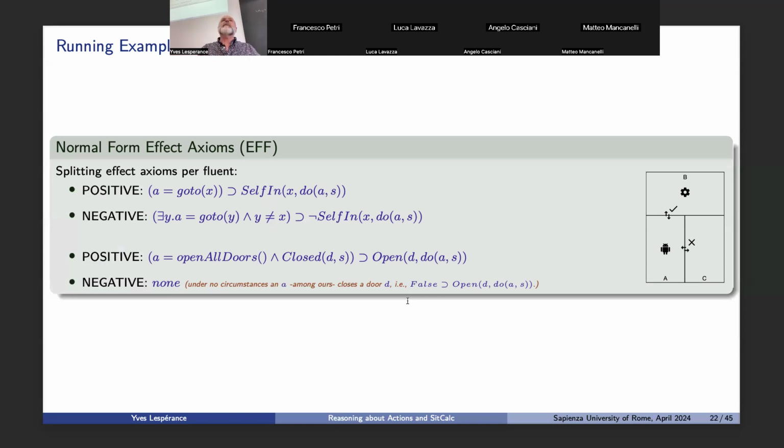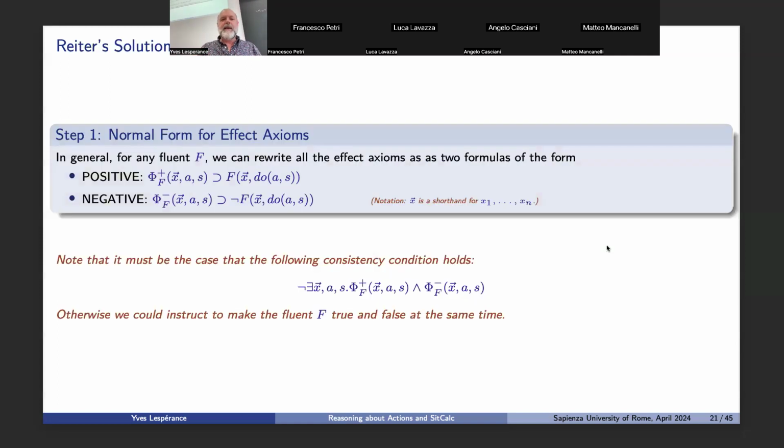Not in this domain, because we don't have an action for closing a door. So you can think of this as an axiom that says false implies not open door after do(A, s). It's trivially satisfied. So this is the result of step one for this example domain.